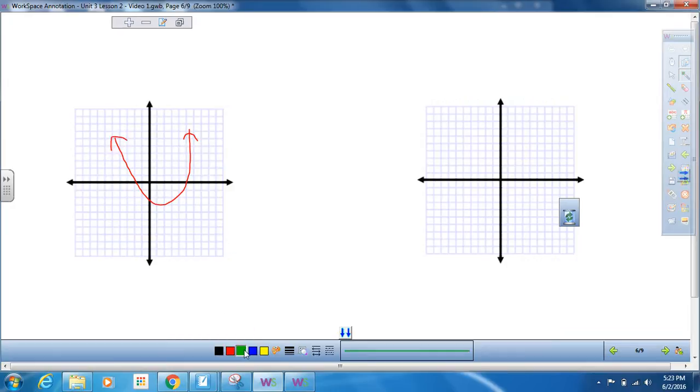And I want to check my vertical lines. So no matter where I draw a vertical line on this graph, and I know my hand drawing is not that great, I'm not going to go through the graph more than one time. So this is yes. This is a function.